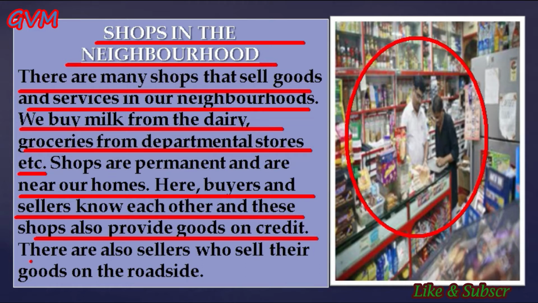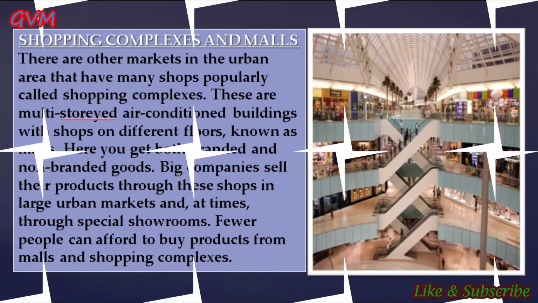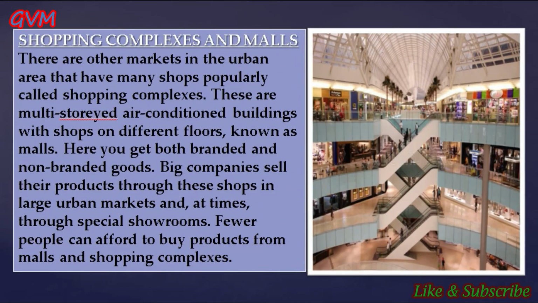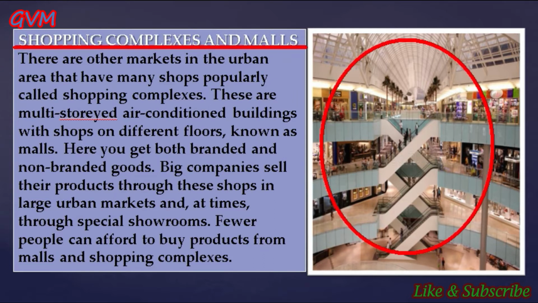And students, here in these neighborhood markets there are also sellers who sell their goods on the roadside. Now students, the next topic of this chapter is shopping complexes and malls. Students, markets in the urban areas are mostly shopping complexes and malls.